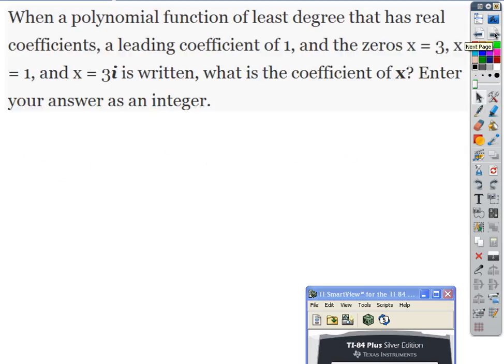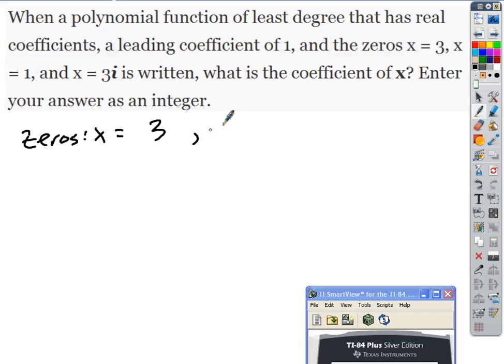So how do I build a simple polynomial from those? I've got to turn those into factors, right? And then I'll just multiply out all the factors.